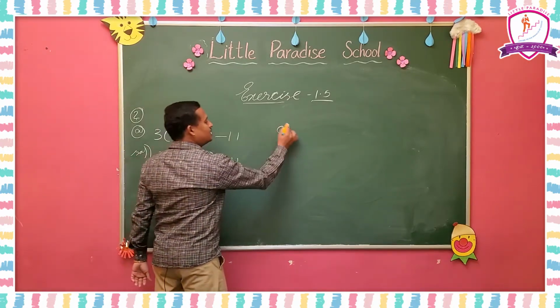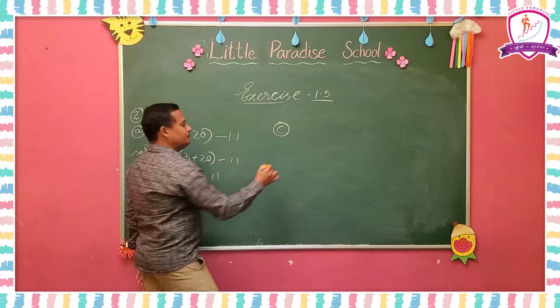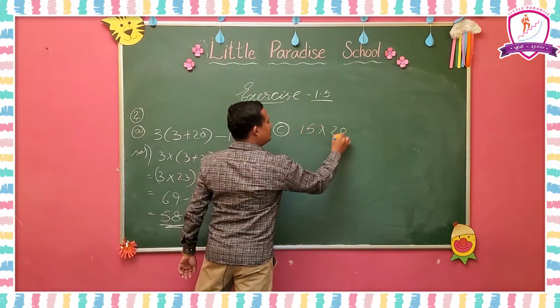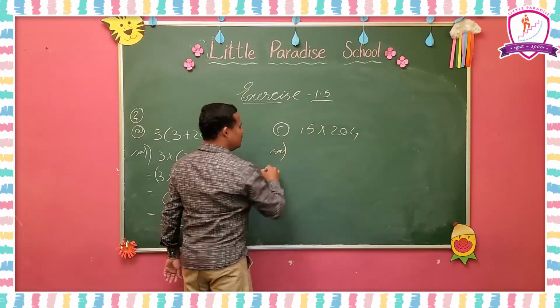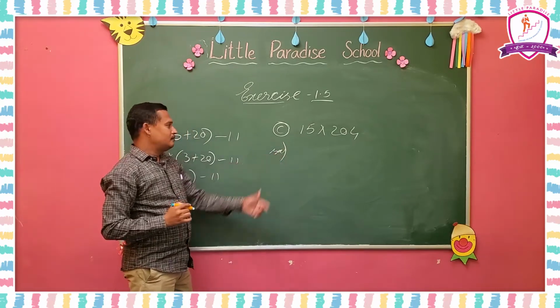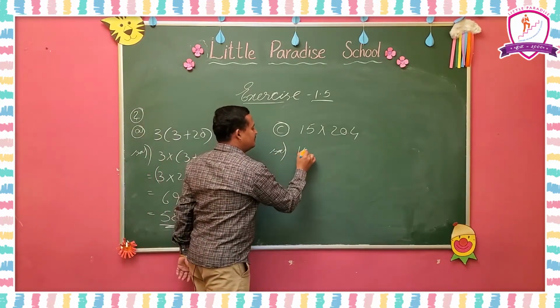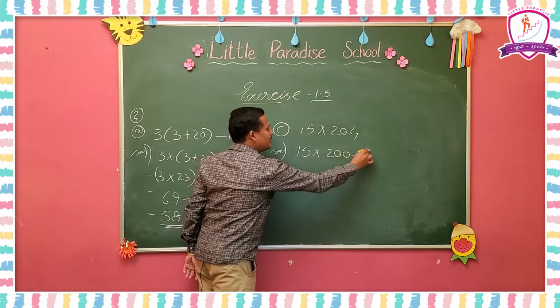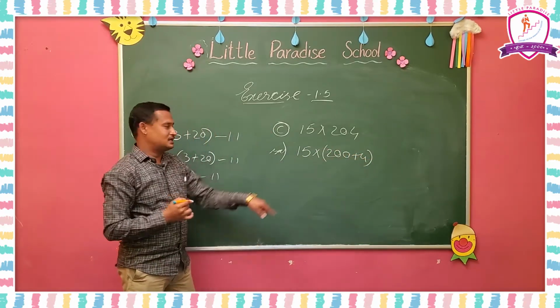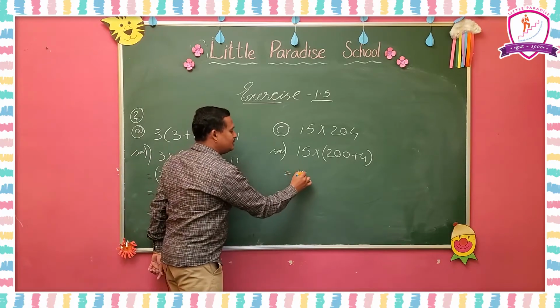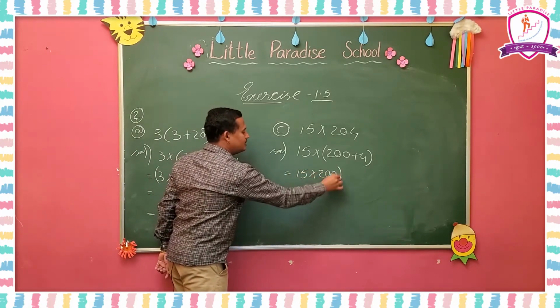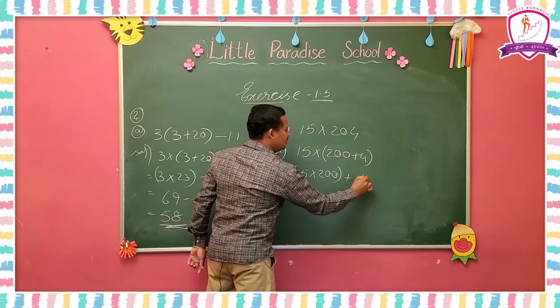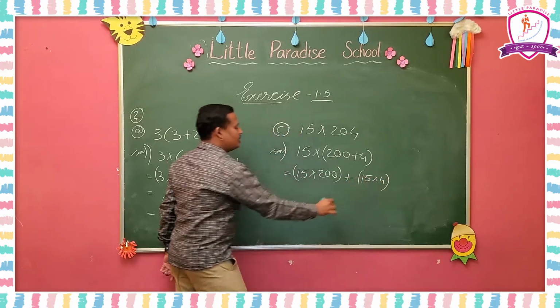And C sum also I am going to explain here. In C sum, 15 into 204. Here also you have to use the brackets: 15 into 204, you have to put in a bracket, 200 plus 4, and it is equal to 15 into 200 and 15 into 4.